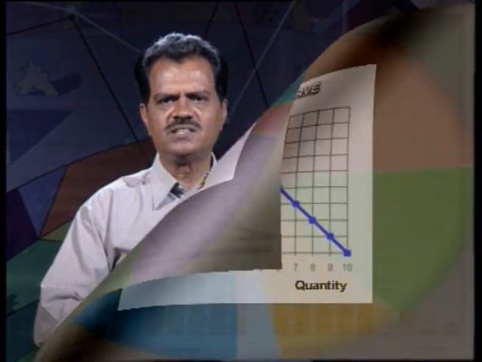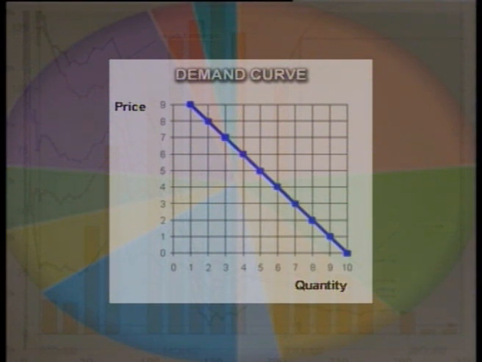In the same manner, we can also depict a relationship between prices and quantities purchased by a graph. We can draw a curve. On the vertical axis we measure prices, and on the horizontal axis we measure quantities.